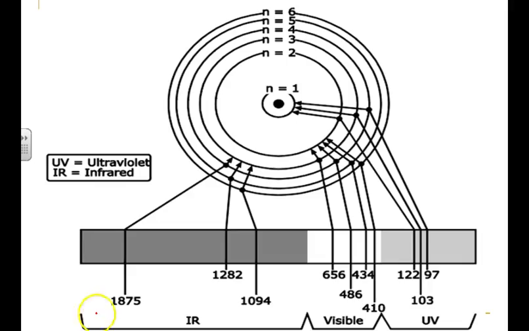Now, another document that I want you to look at, you have reference tables that I've given you, and if you turn to the last page, you will see this diagram, and this might be rather important in terms of solving some problems.